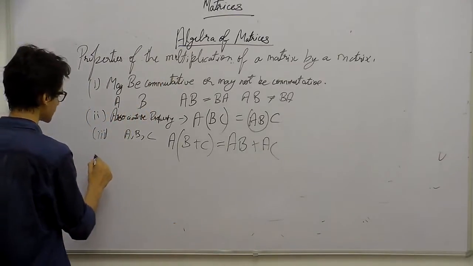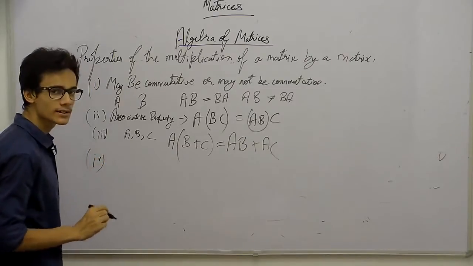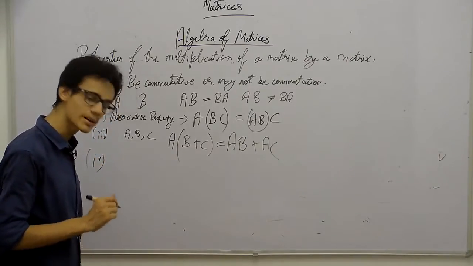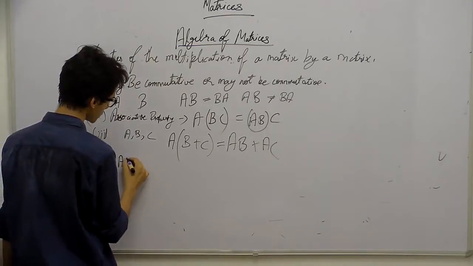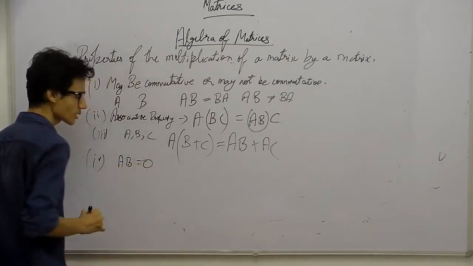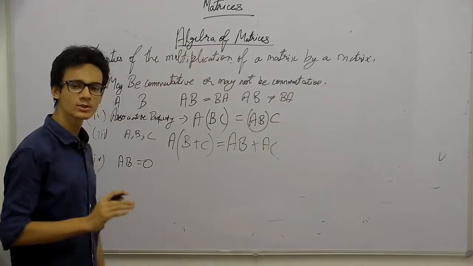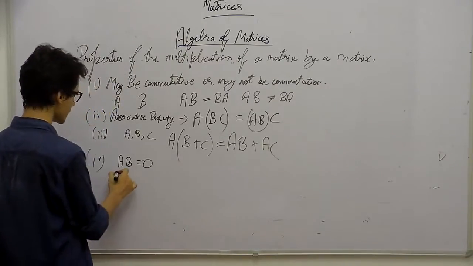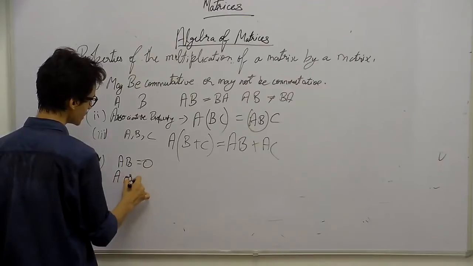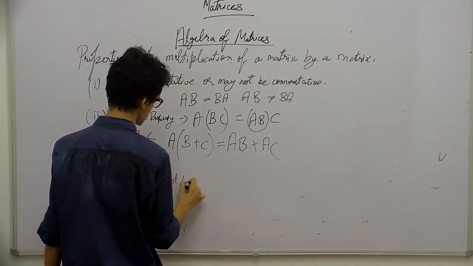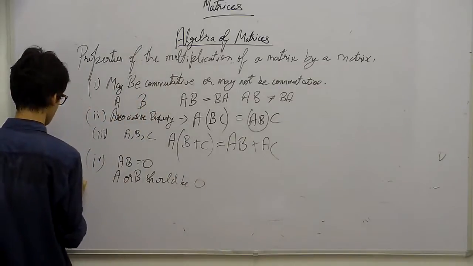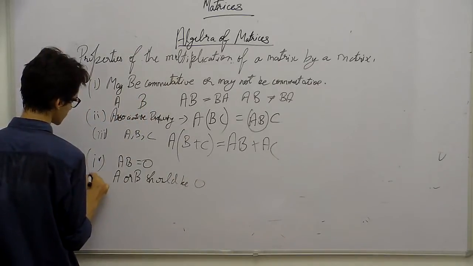Now the last and very important thing about multiplication of matrices is that if AB equals 0, then it is not necessary that either A or B should be 0.